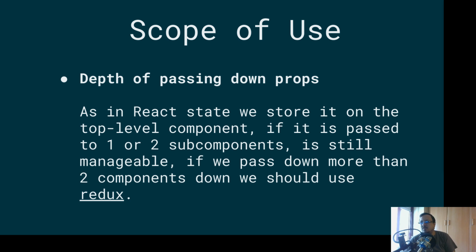Of course, if you are not using Redux in your application and you only have one case where this parent passes down the state three components down, maybe you don't need to add the Redux library and create a store and Redux reducers for only that one case.